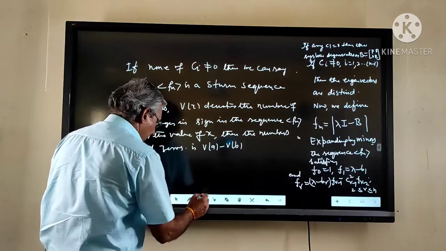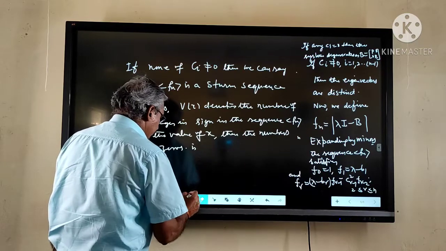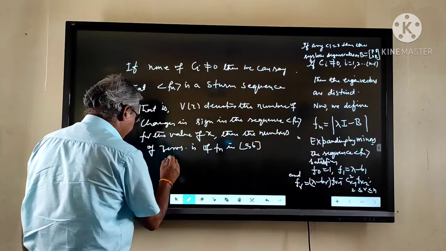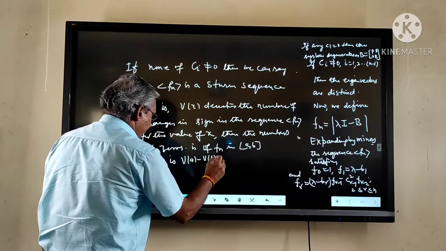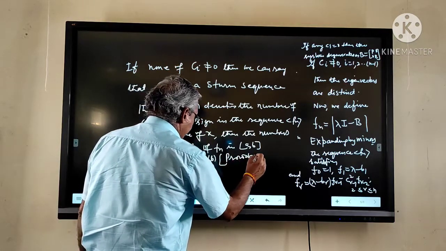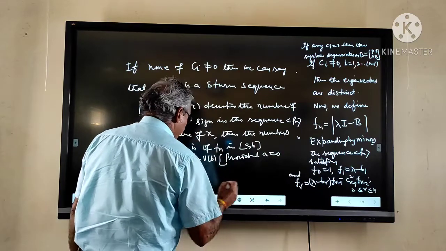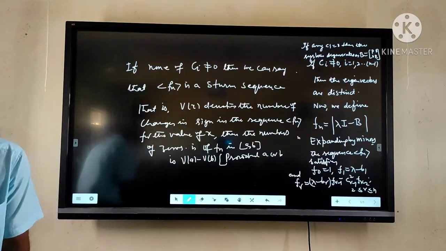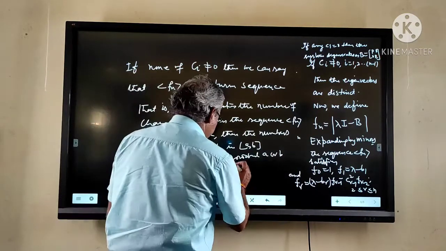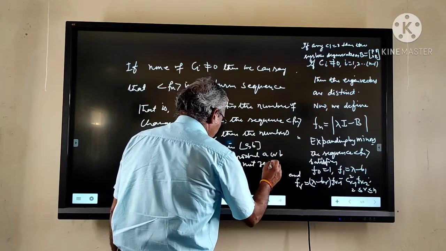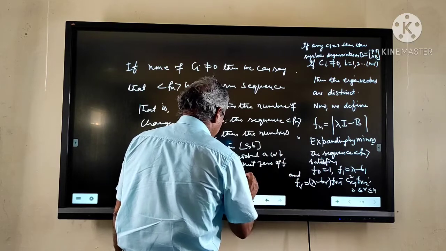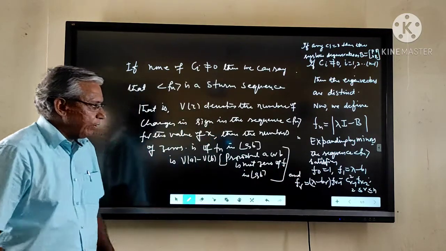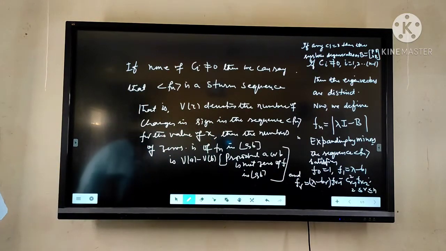The number of zeros of Fn in AB is VA minus VB, provided A or B is not a zero of Fn.